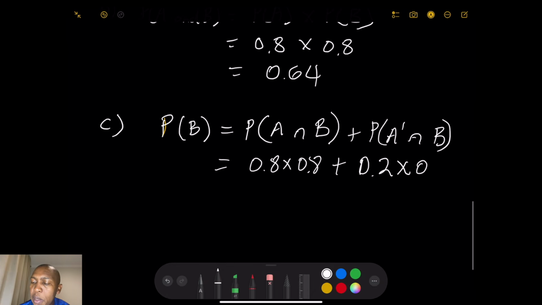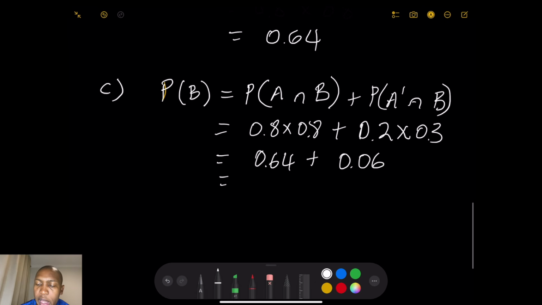So we'll say multiplied by that 0.3 value there. Okay, so that would be 0.64 plus, in this case, 0.2 times 0.3. Okay, so that gives us 0.06.